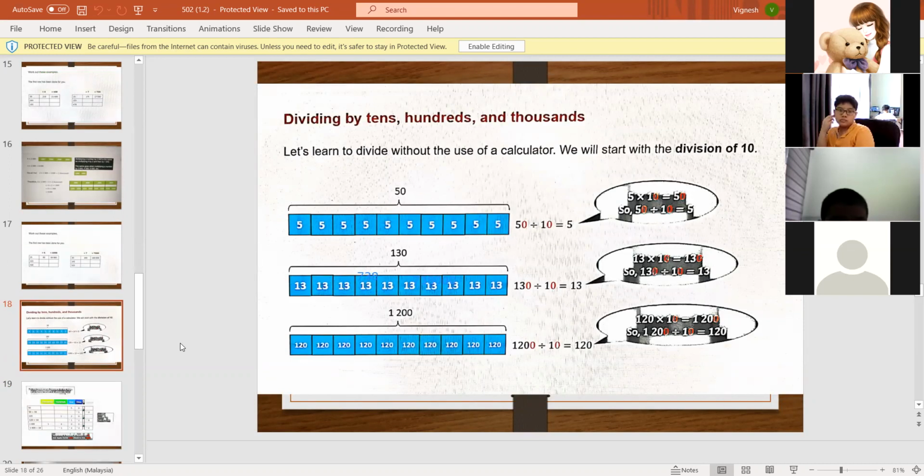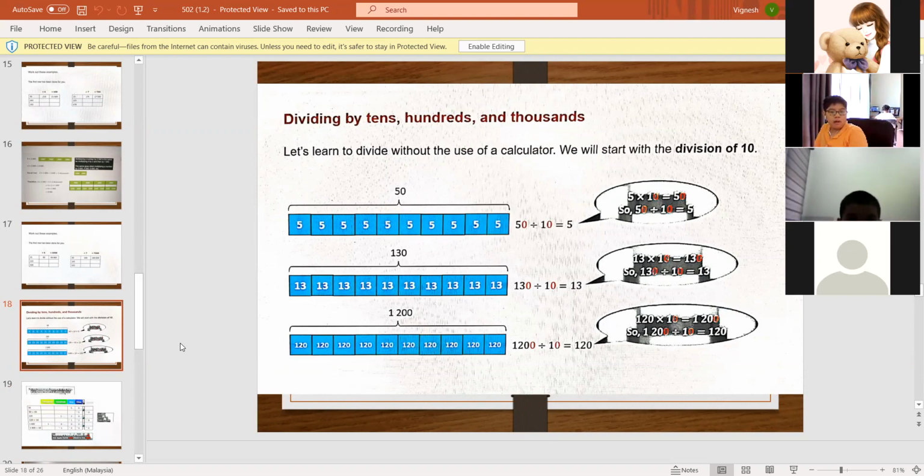Dividing by tens, hundreds, and thousands. Just now we have learned how to multiply by tens, hundreds, and thousands, right? Now, how to divide? You can divide this without using a calculator. As I taught last time, when you want to divide, you have to move how many decimal places?